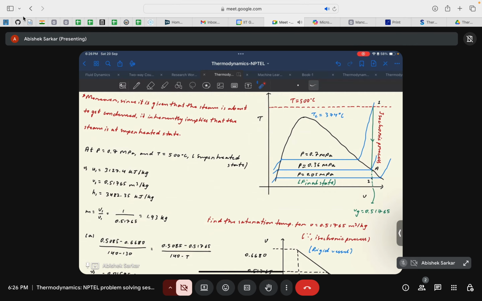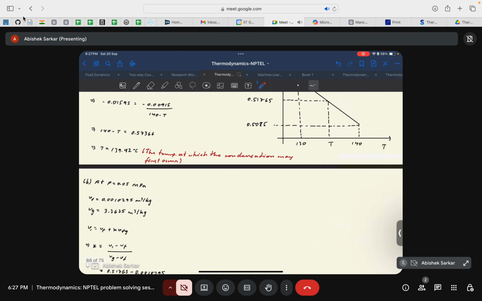What you need to do is find the corresponding values of Vf and Vg at this state, and then equate it to the specific volume at V1, that is the same as V2, and use the formula V is equal to Vf plus X Vfg.